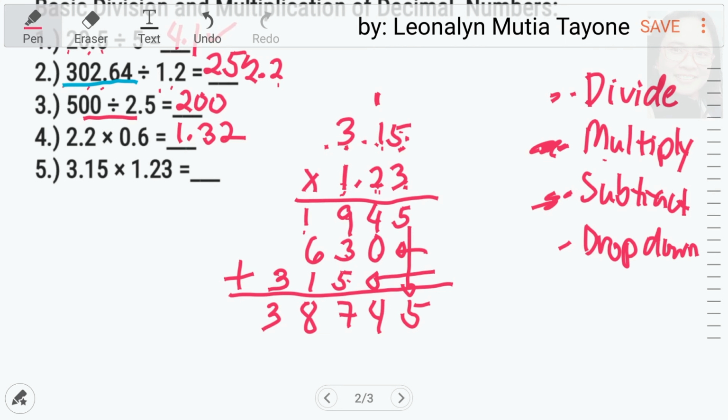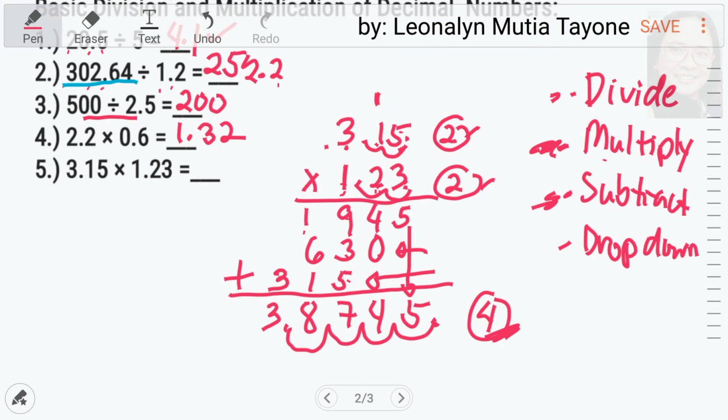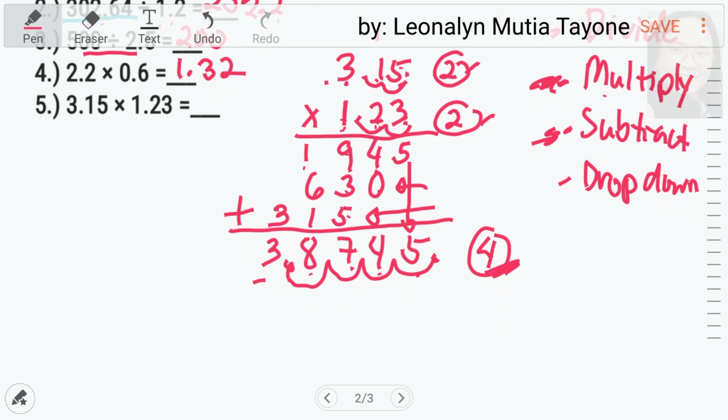Sa factors natin, 1, 2 yung decimal. So, may dalawa dito. Ito namang isa ay 1, 2. So, may dalawa rin dito. 2 plus 2 equals 4. So, dito yung decimal natin. Mag-count tayo ng 4. 1, 2, 3, 4. So, ang sagot dito ay 3.8745.